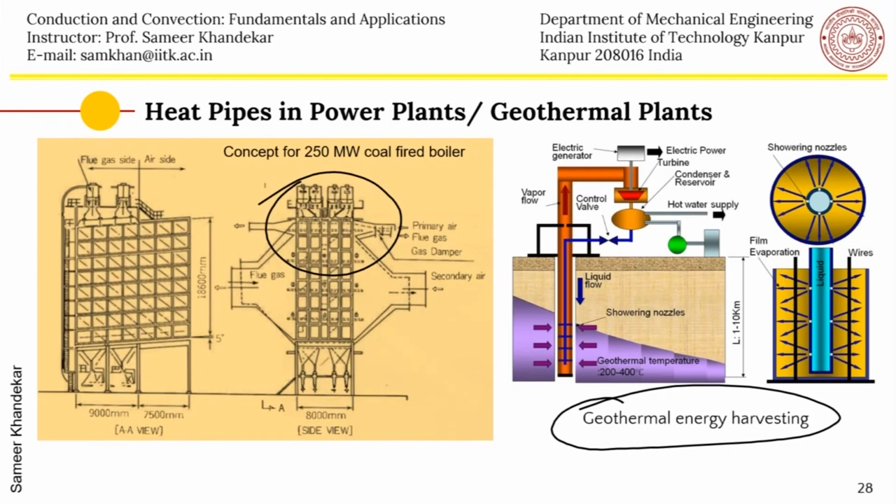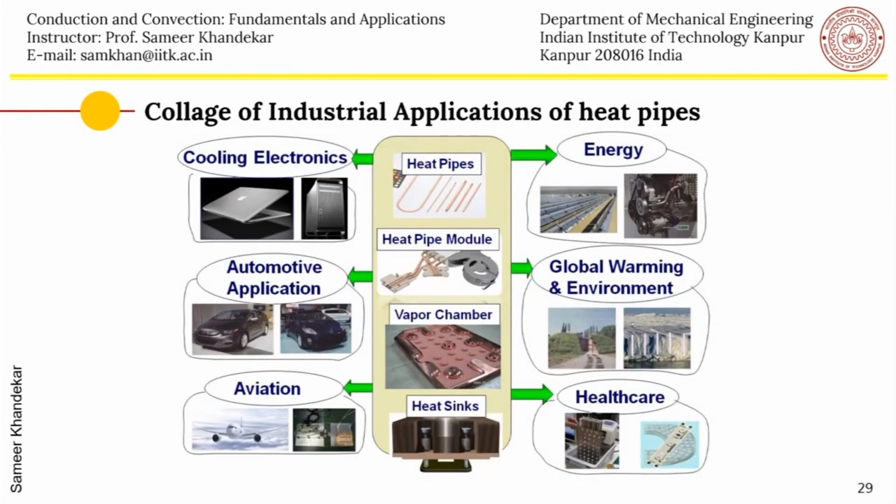So you can see the collage of industrial applications, cooling of electronics, energy systems where heat pipes are used, environmental devices, permafrost stabilization, for example, then vapor chambers for electronics cooling, heat sinks embedded with heat pipes, coupled with natural circulation or natural convective heat transfer, very high heat flux modules, bent heat pipes in the form of U or other L shapes or T shapes.